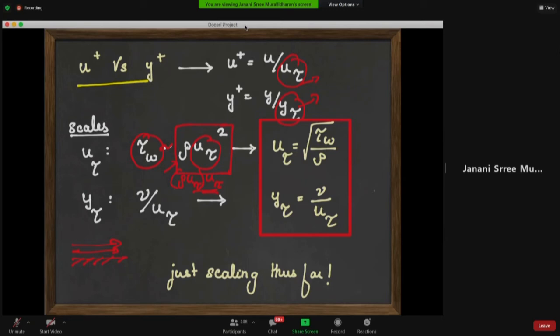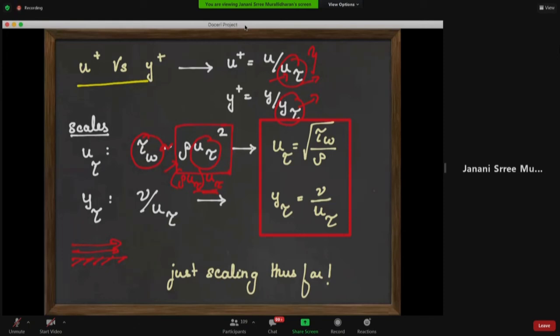So what are you trying to say? I need to have a velocity and I need to non-dimensionalize it. How do I non-dimensionalize the velocity that I am seeing in my domain? Every domain has a wall shear, so let me non-dimensionalize it with the friction velocity, the velocity right at the wall, which is giving me that wall shear.